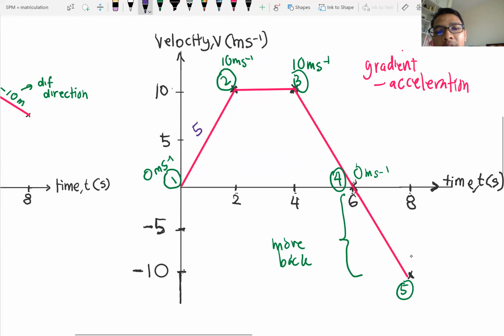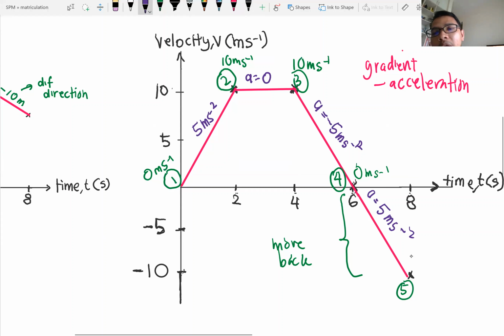This is 5 ms^-2. This acceleration is 0. This acceleration is negative 5. And this acceleration is 5, even though it's in a different direction.